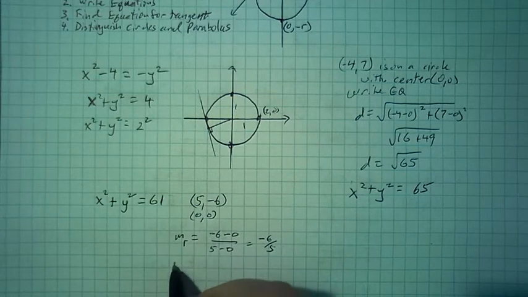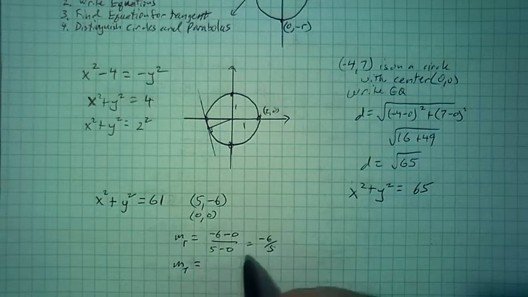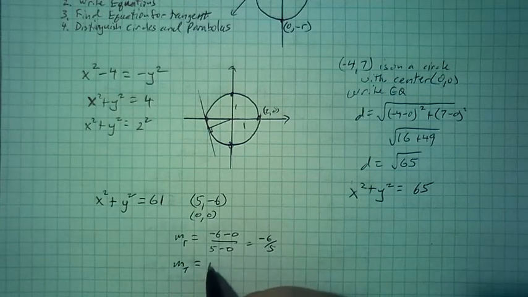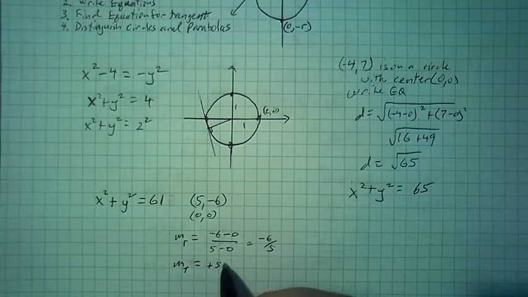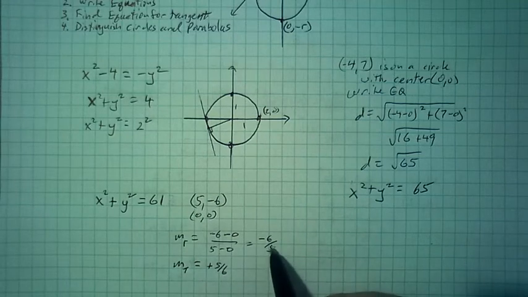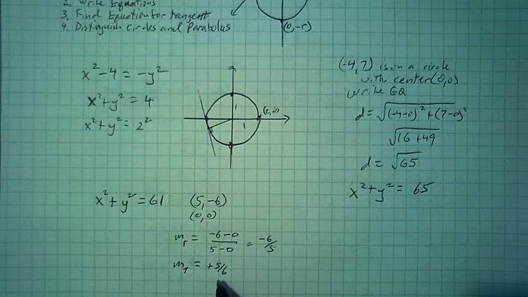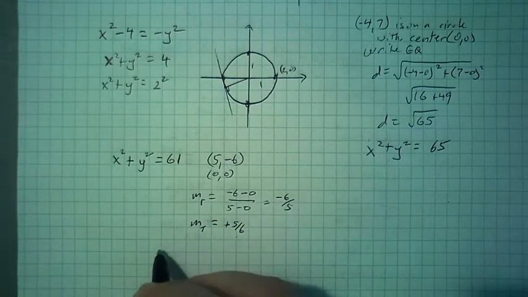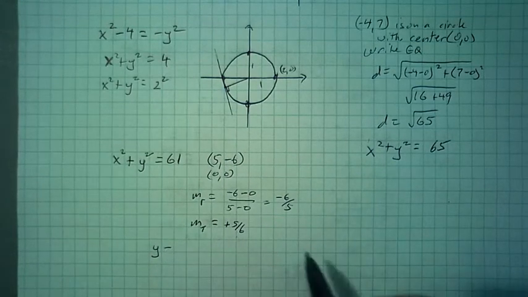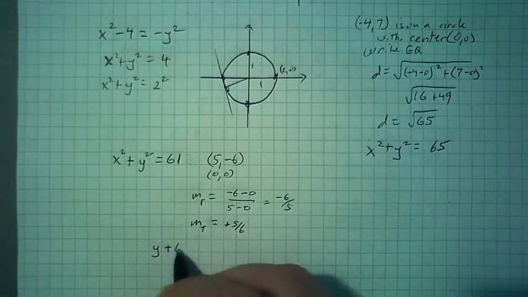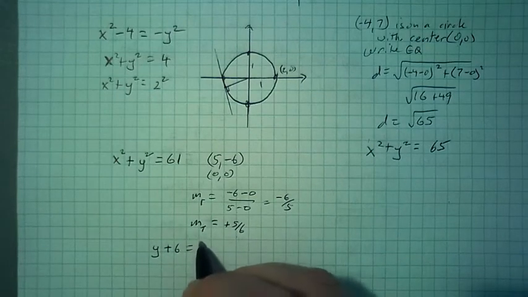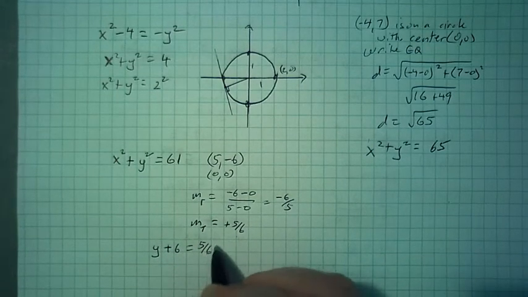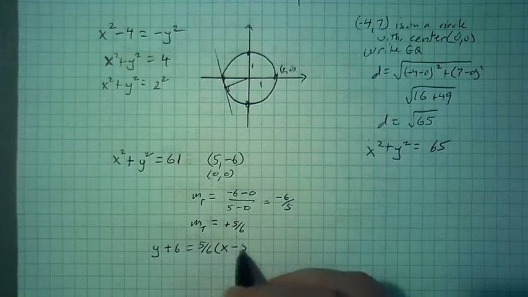So the slope of my tangent line is going to be perpendicular to that, which means change the sign and find the reciprocal. So -6/5 becomes positive 5/6. And that gives me a point and a slope. So I can use point slope form, y minus y1 equals m times x minus x1.